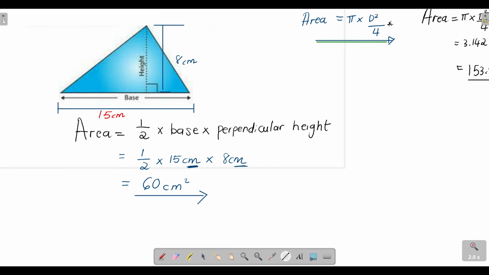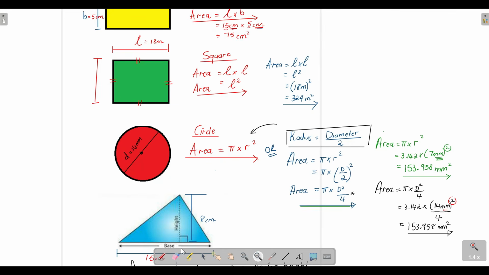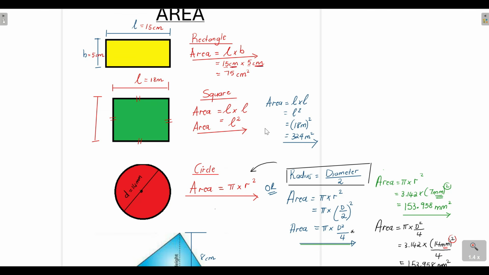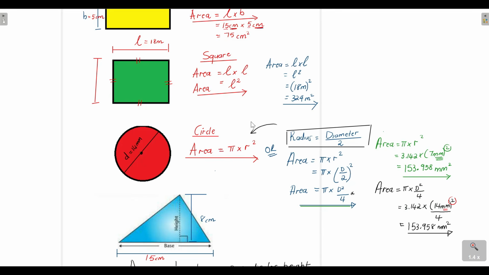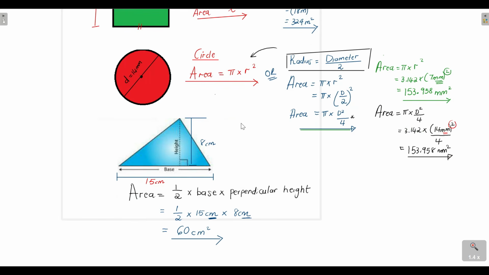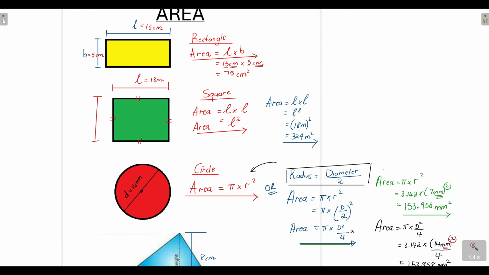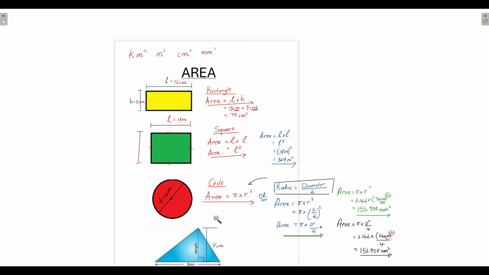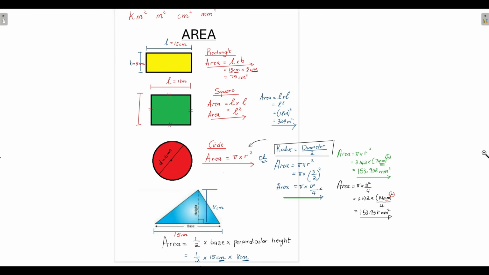So that is basically how we go about calculating area of the shapes that I've given to you: calculating area of your rectangle, your square, your circle, and also a triangle. It's also important that we remember that when we're calculating area, guys, we are just trying to determine the space that is being taken up by a 2D shape.